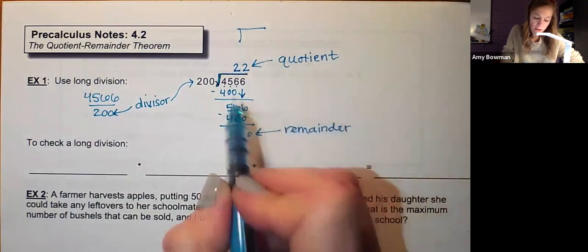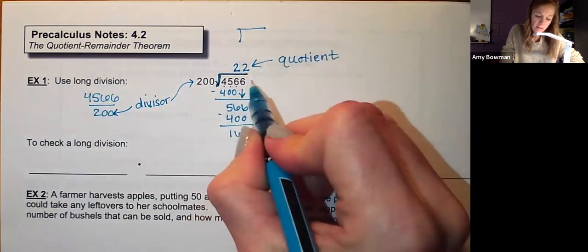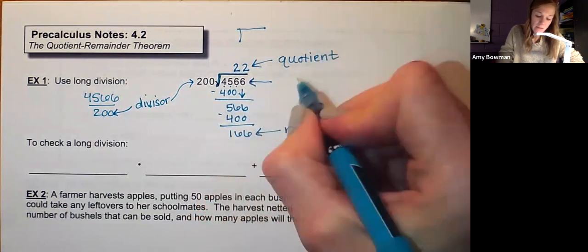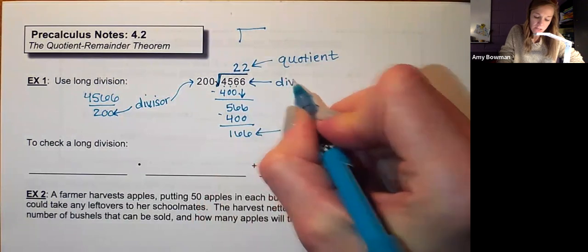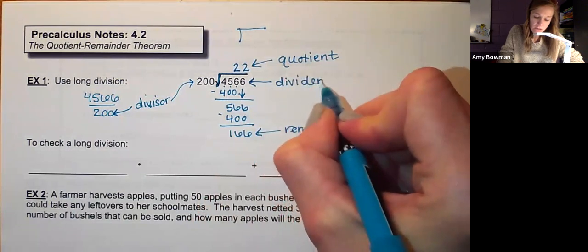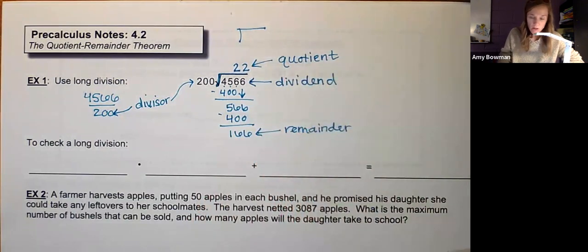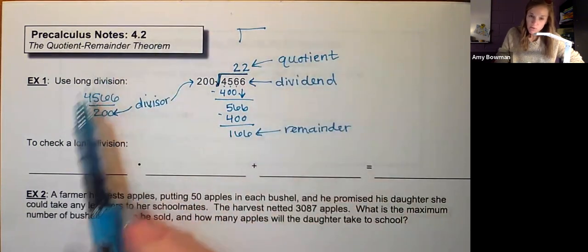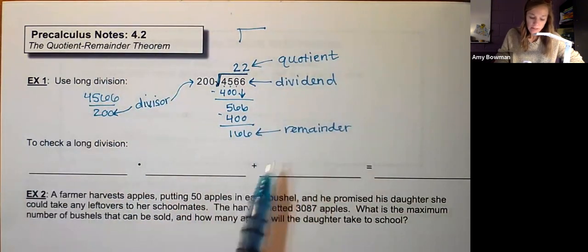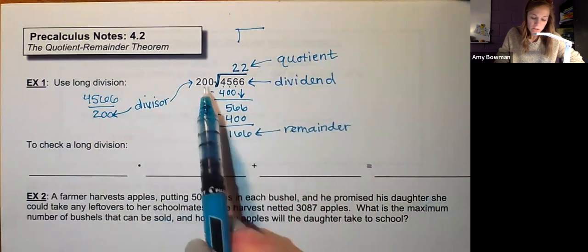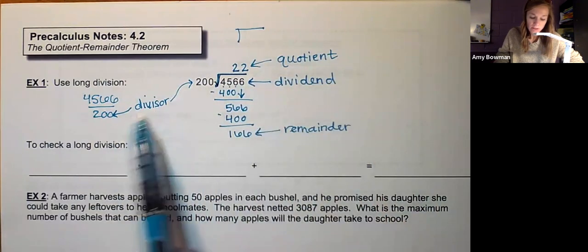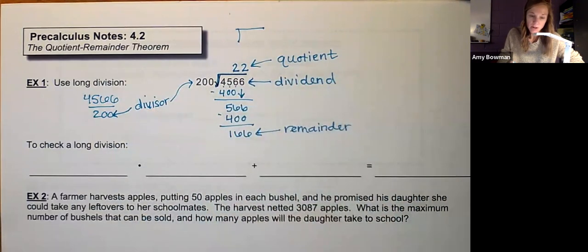And then 4,566, the number that's being divided, is called the dividend. So that's a quick review of long division. We'll do another example here in a second, but we will continue using these words: divisor, quotient, dividend, remainder.